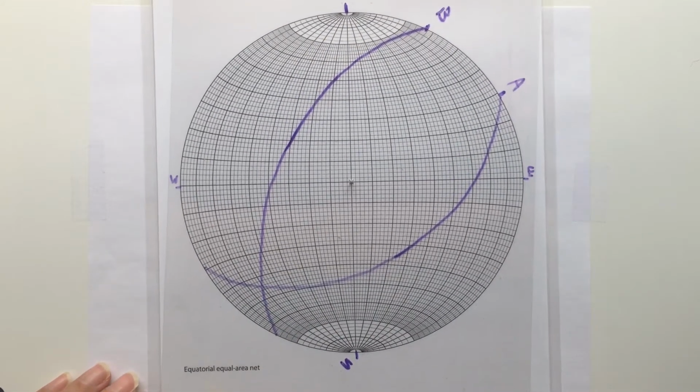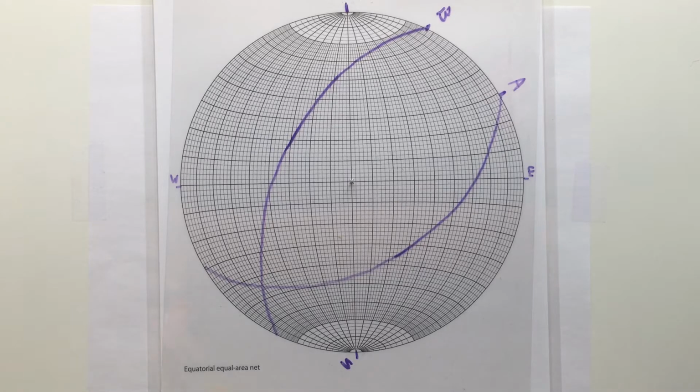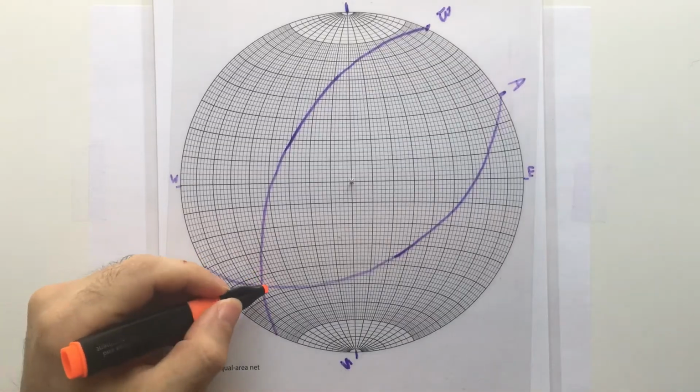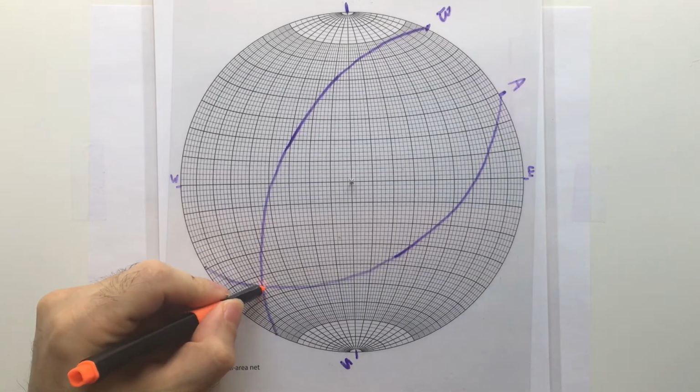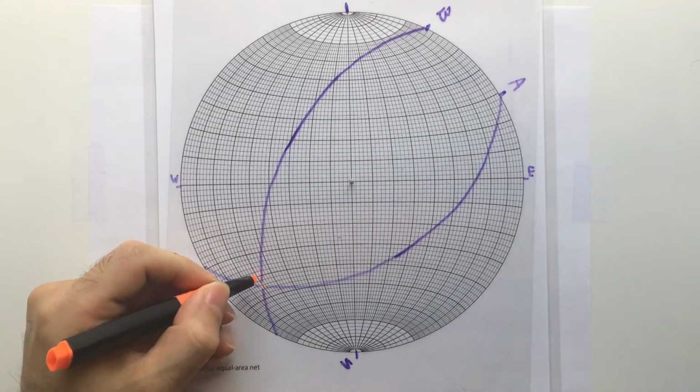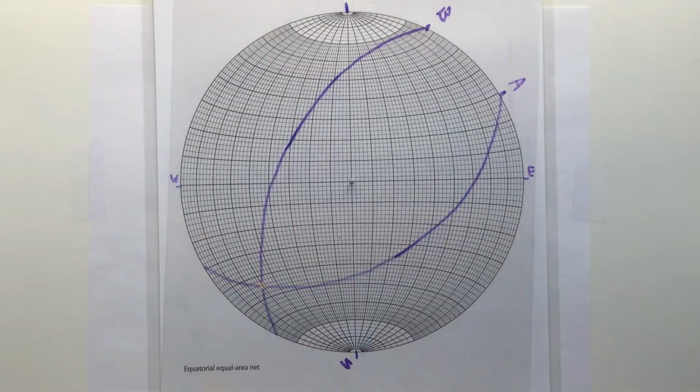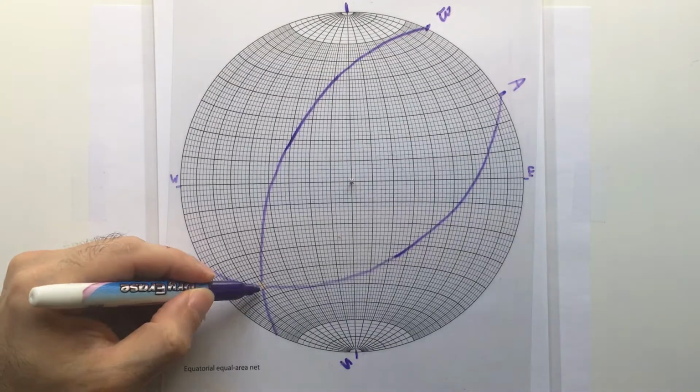So far, we can say the intersection of these two limbs, right? This shows the fold axis. It has a trend and plunge, so we need only the plunge of that, so we need this angle, right?